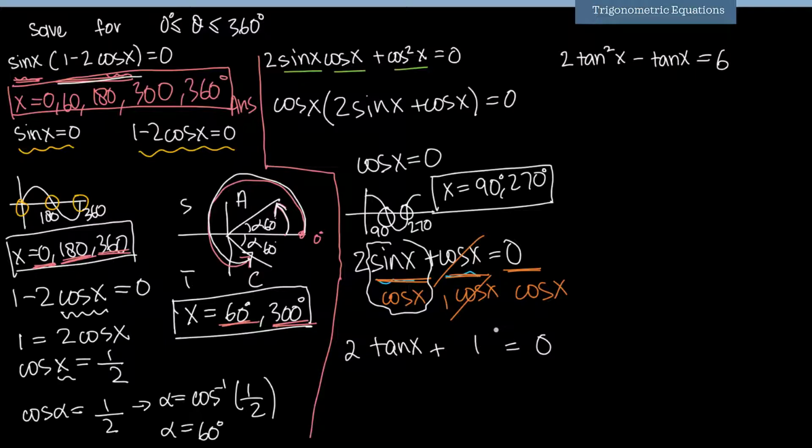To separate out tan x, I'll send 1 on that side. That gives me 2 tan x is equal to minus 1. And if I divide both sides by 2, I will get tan x is equal to minus 1 upon 2. Next step, I'll replace x by my reference angle, which is alpha. So tan alpha is equal to minus 1 upon 2.